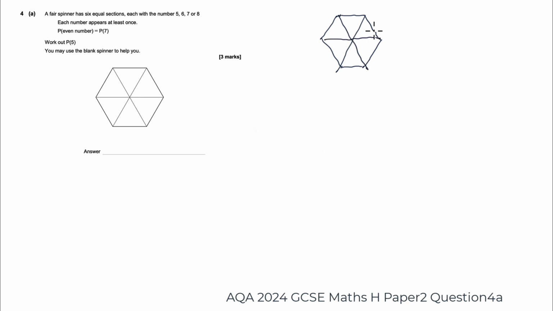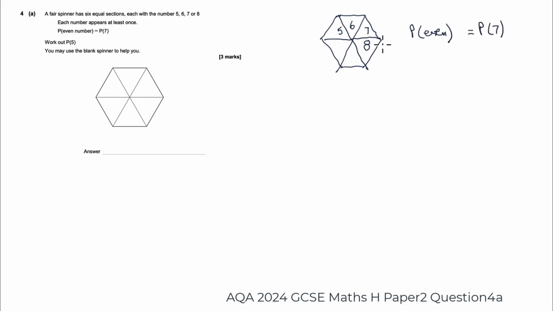So, at least 1 5, at least 1 6, at least 1 7, at least 1 8, they appear at least once. And the probability of an even number is the same as the probability of a 7.